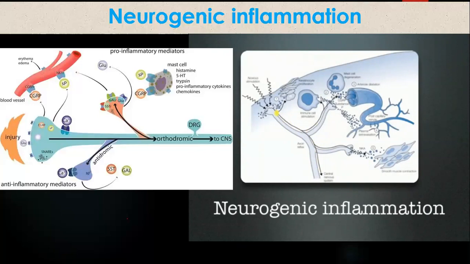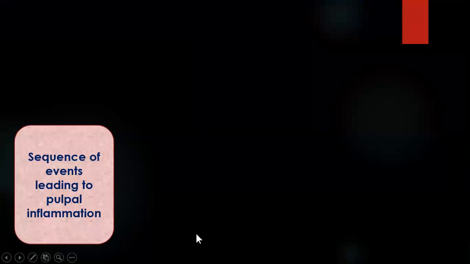Now, once this neurogenic inflammation occurs, this leads to an increase in the pulpal inflammation. Now comes the neural aspect, and we must now see how it eventually induces pain through the pulp.